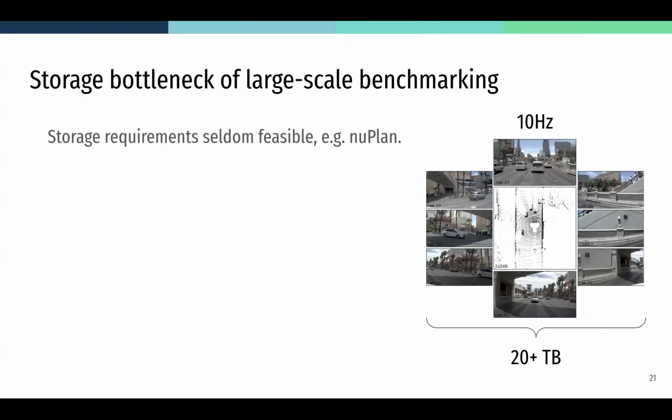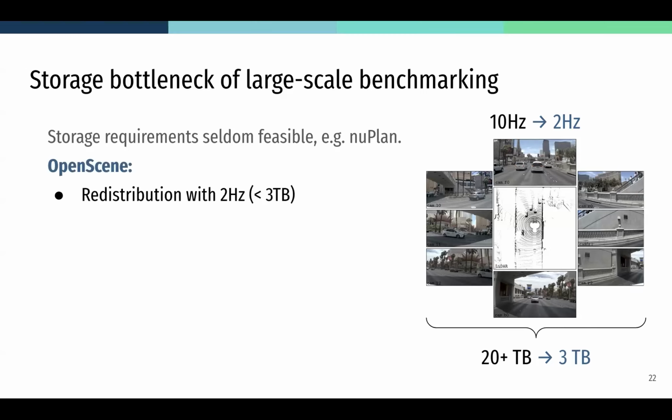The first was that we found that the datasets out there for evaluating or training end-to-end driving models are seldom possible to actually work with because of their huge size. NuPlan, for example, has over 20 terabytes of data. We subsampled this to the typical frequency that these end-to-end models use, which already reduces the size a lot, and we released this.